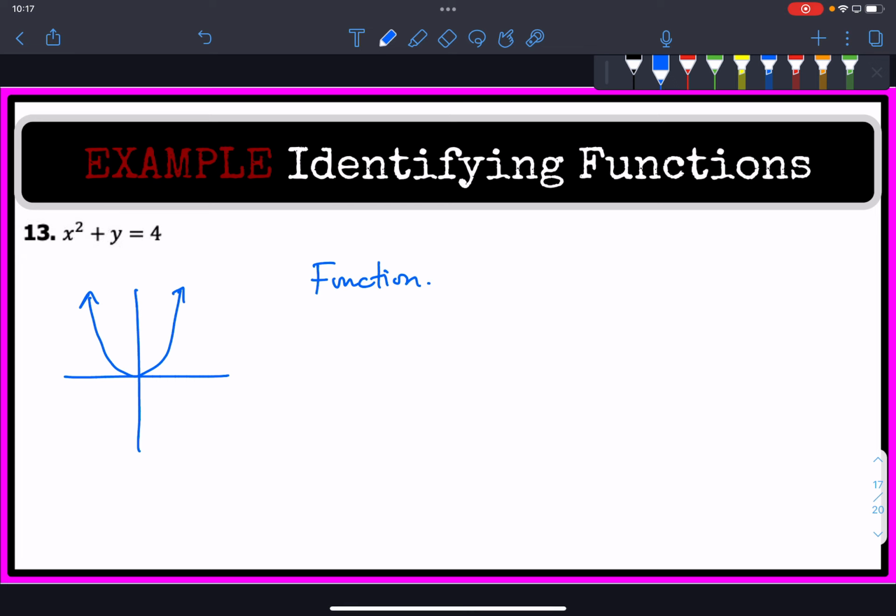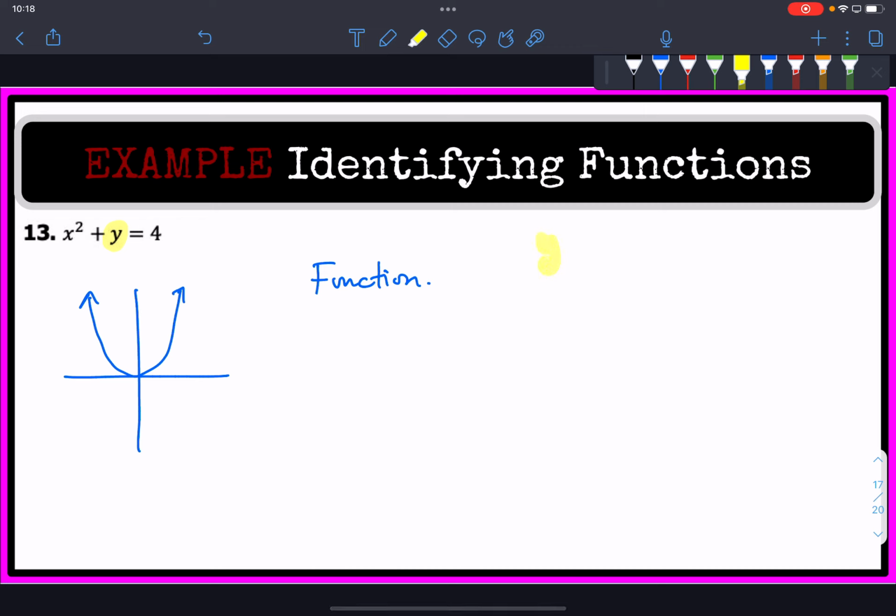Now let's say I don't want to graph this and I want to save myself some time. Well, there's a shortcut and a very easy rule to identify whether an equation is a function or not, simply by looking at the exponent on y.